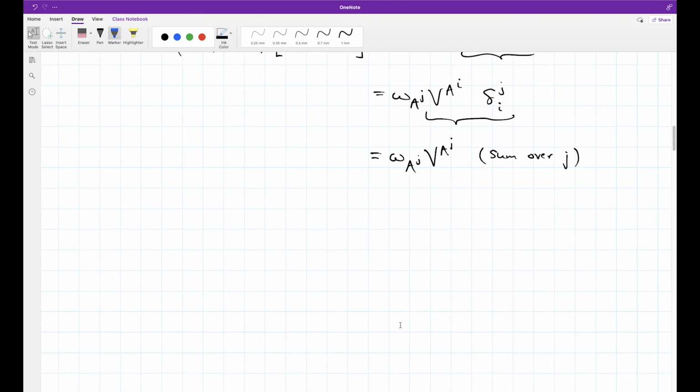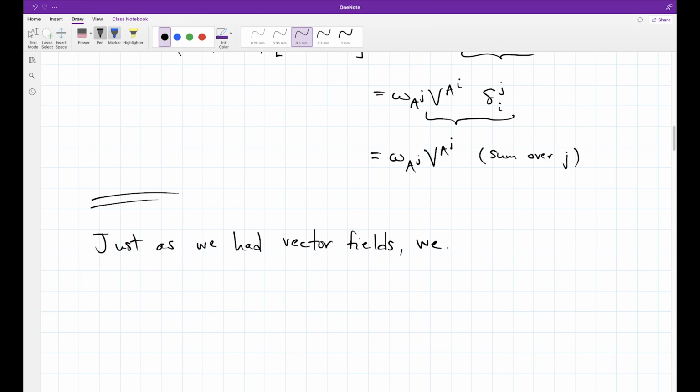Okay, the next notion that we need to introduce is the notion of a one form. So just as we had vector fields, which were maps from every point on gamma to the tangent space at that point, we can have covector fields.